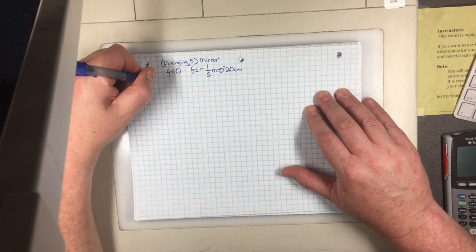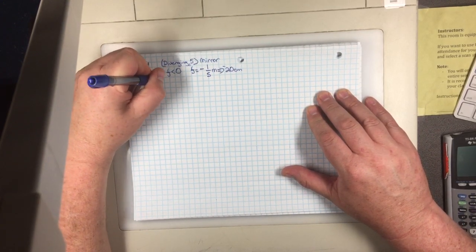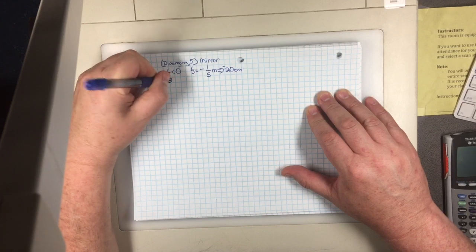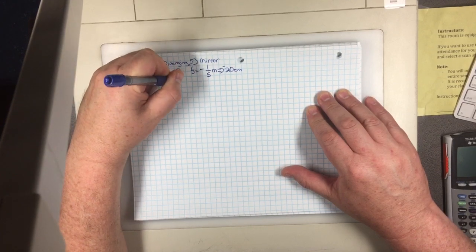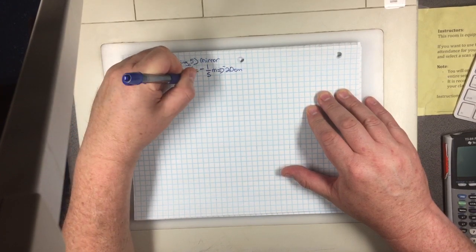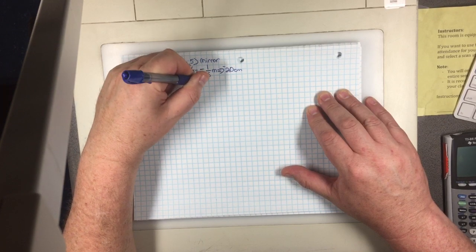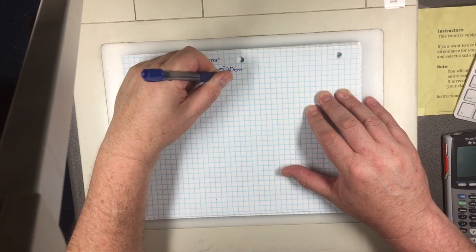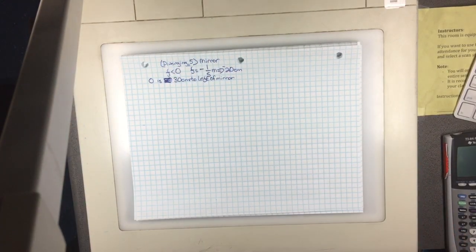What I'm going to do is I'm going to say the object is 30 centimeters to the left of the mirror. And then we'll do the usual jazz. Where is it? Describe it. And then draw a 3-ray diagram for it.